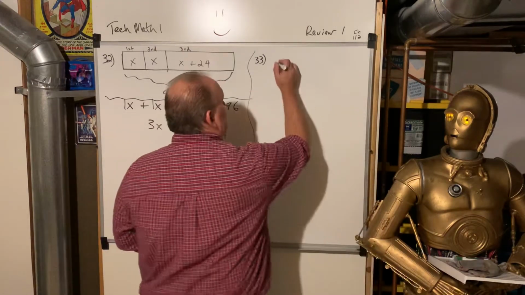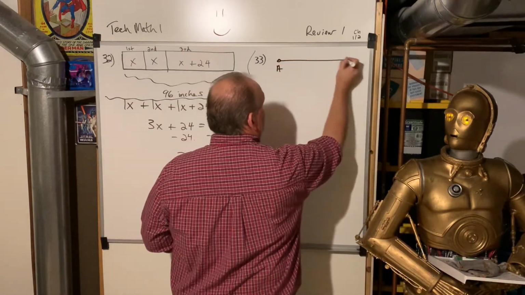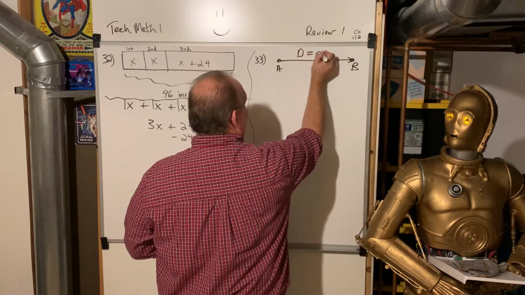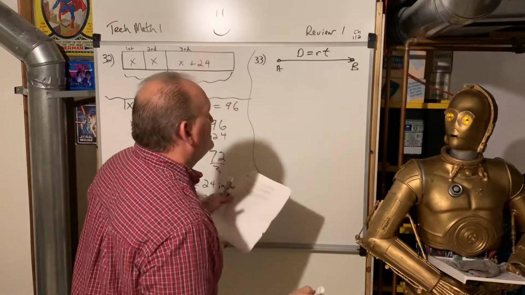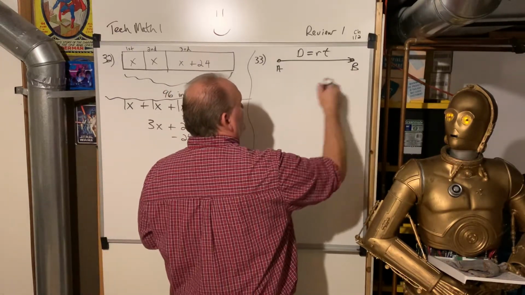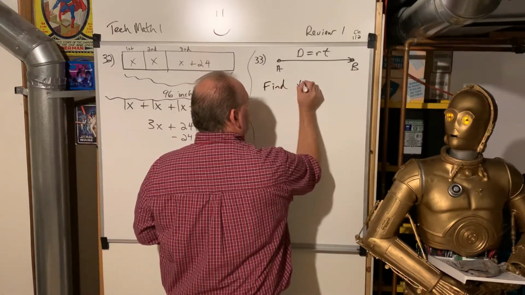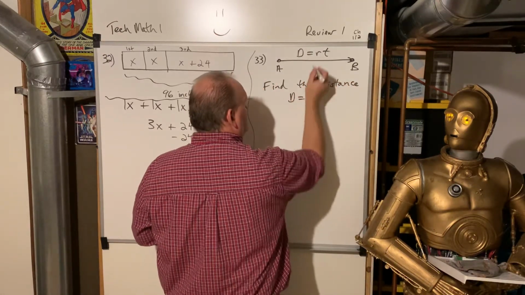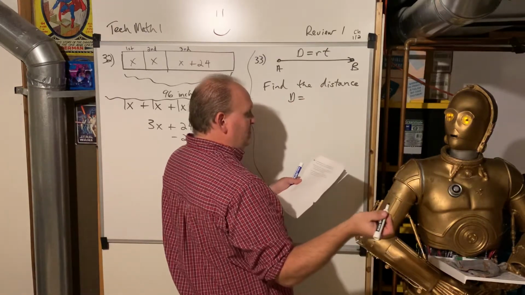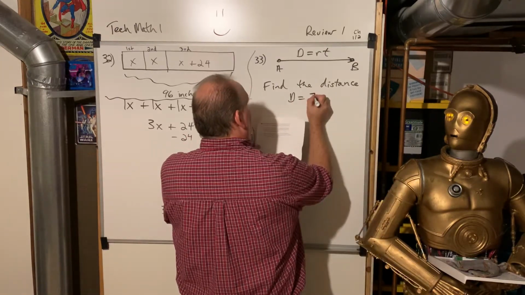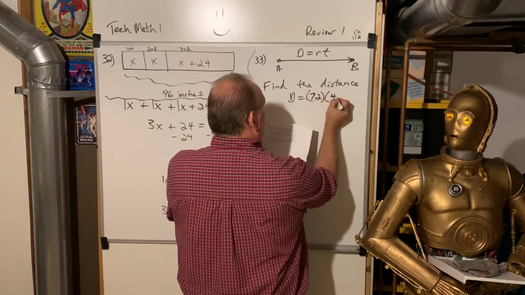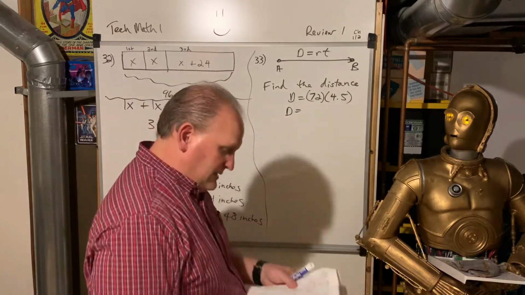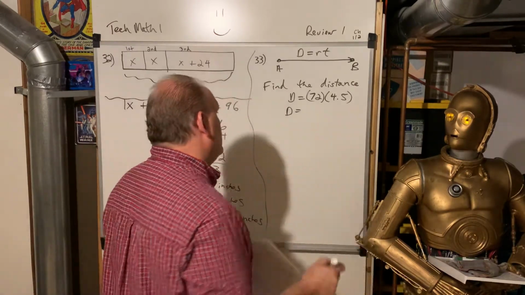So we've got city A going to city B, and we know distance equals rate times time. First we're going to have to find the distance between these 2 cities. We substitute into that formula. They gave us both the pieces we need. The rate is 72, and the time is 4.5. So the total distance between those 2 cities is 324 miles.